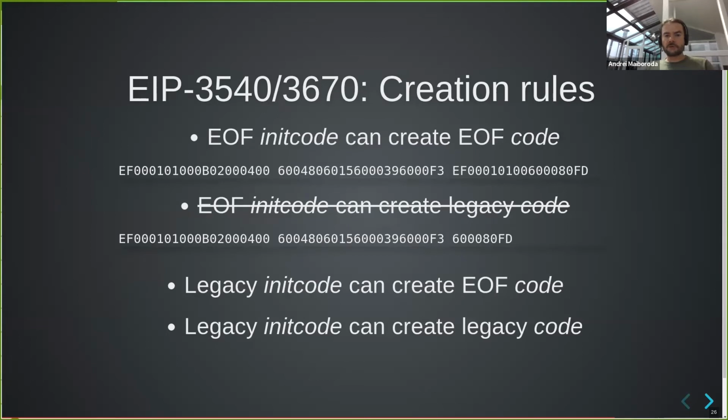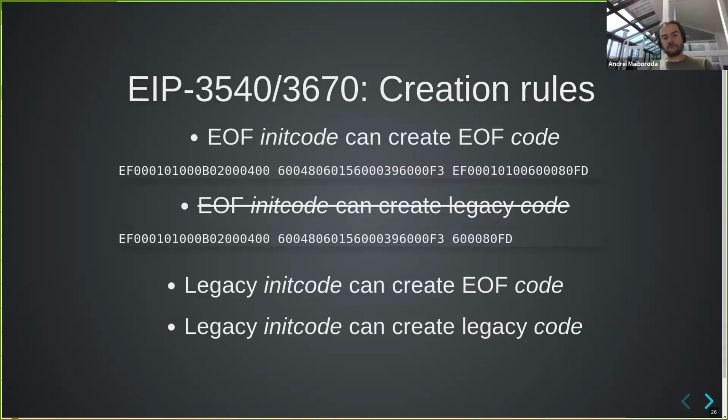Another thing to note is that init code and deployed code are independent in a way that both of them can be either EOF or legacy code. So there are these 4 combinations possible. And EOF init code deploying EOF code, we see this as kind of an ideal situation, an ideal future for the EVM when everything will be EOF code.